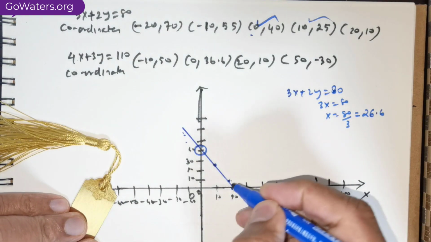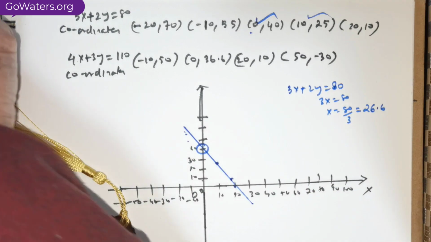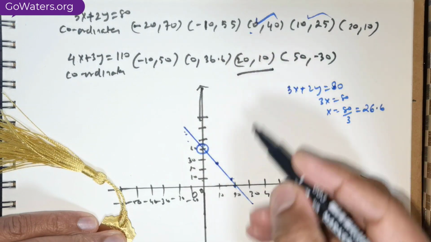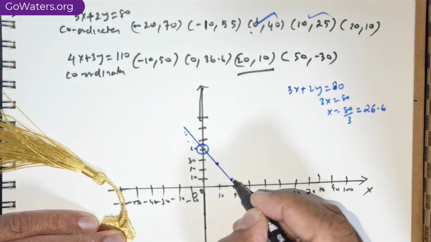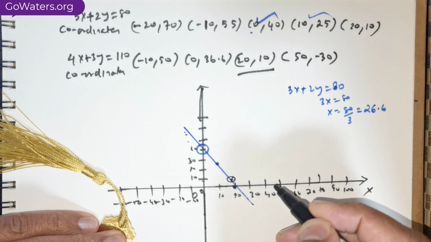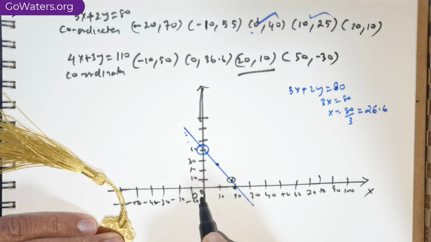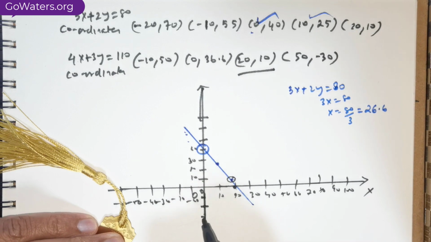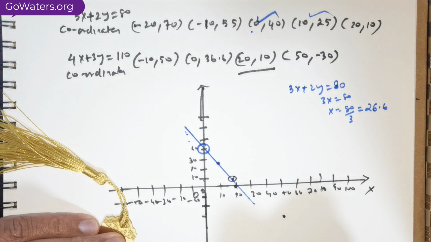Now let me plot the other points. 20, 10. You see that this is what is required. When x is 20, y is 10. There is a point there. Then 50, negative 30. This is 10, 20 and 30. Negative 30, approximately that's going to be over here.